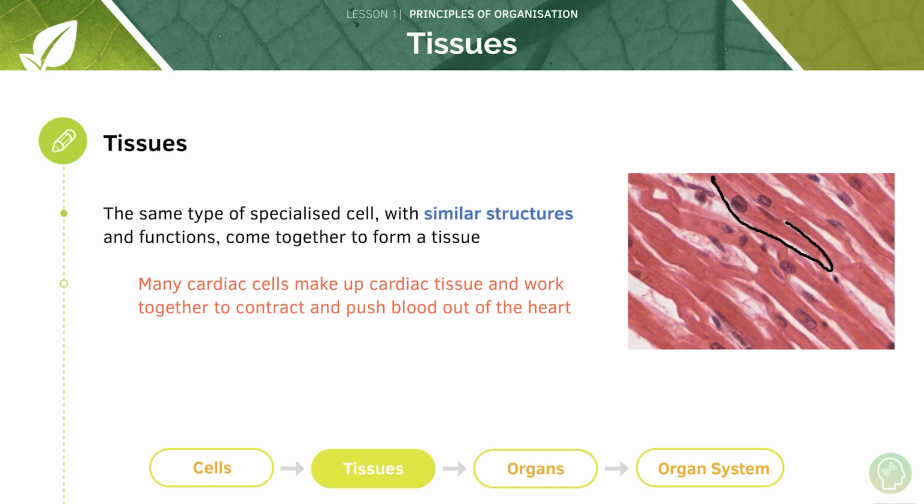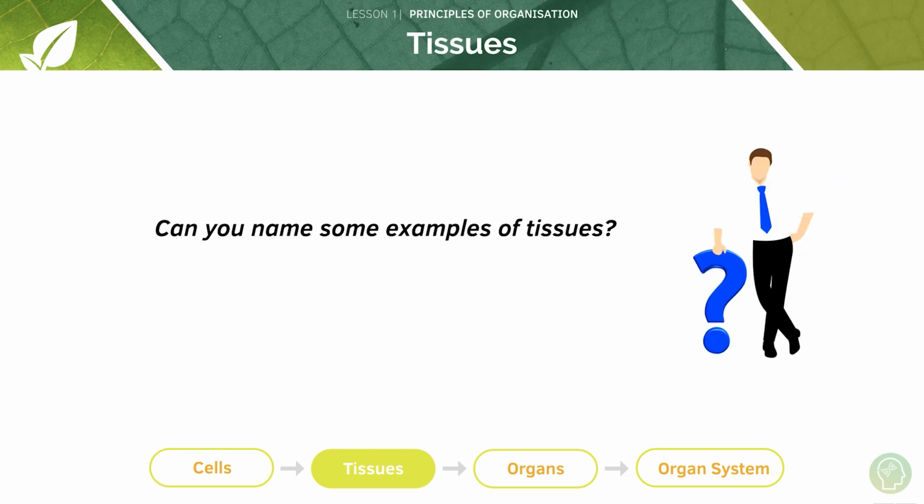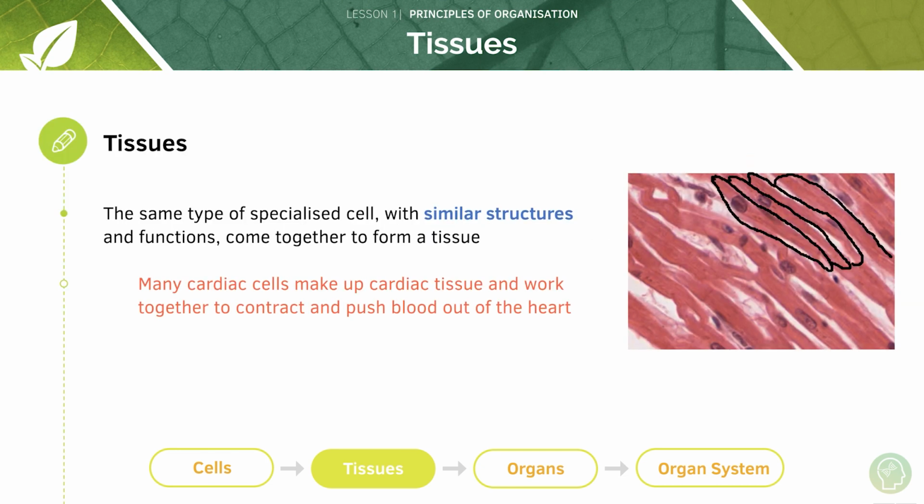I'm just outlining it. And you can see that many come together to form the cardiac tissue. And I can tell these are individual cell units because I can see their nuclei here.